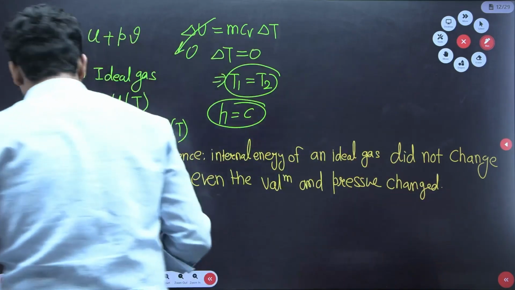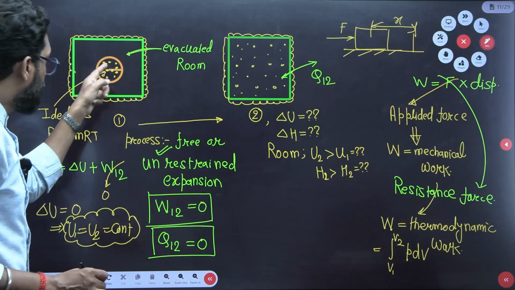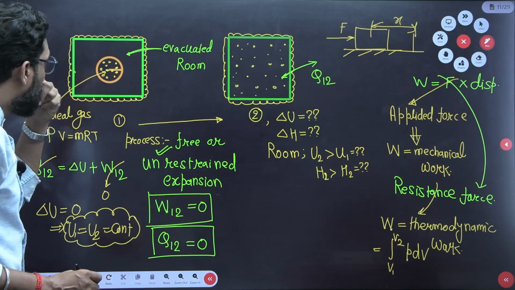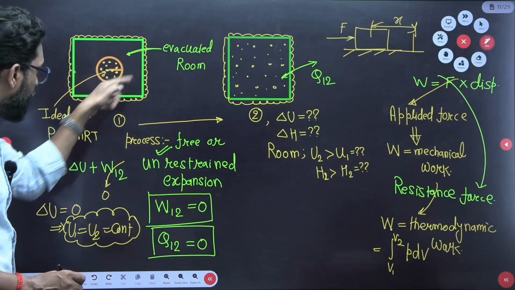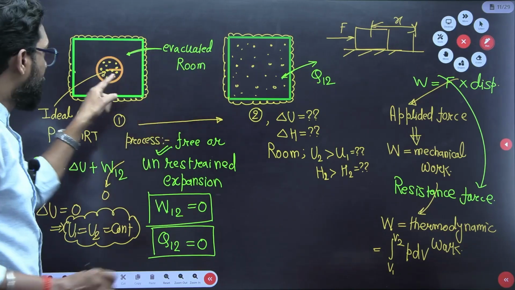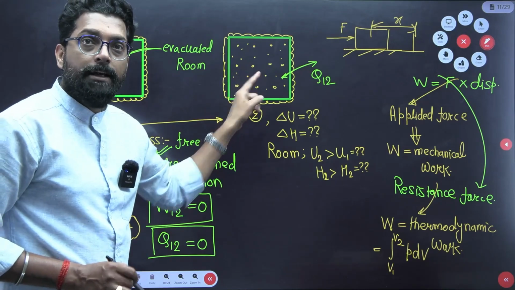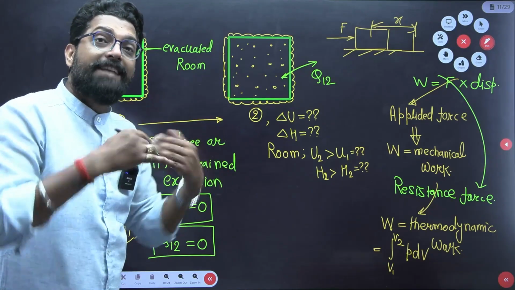Yes, see, during the rupture, if this is your system, the system volume will change and also the system pressure will change. Initially what is the pressure and volume? The final pressure and volume will change.